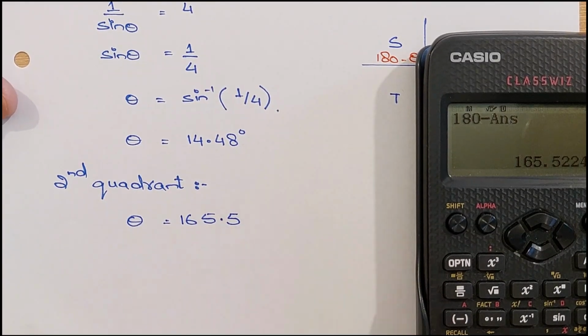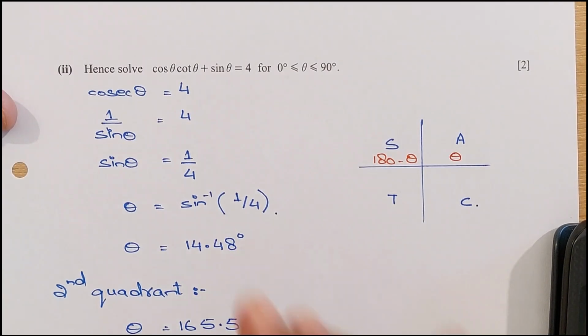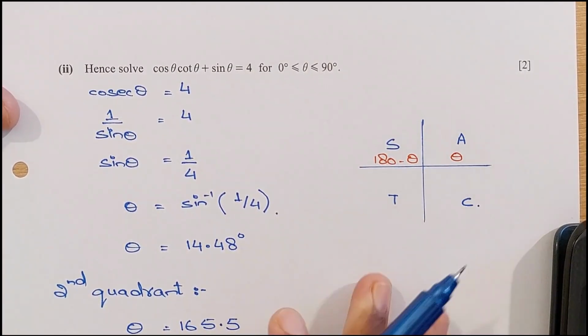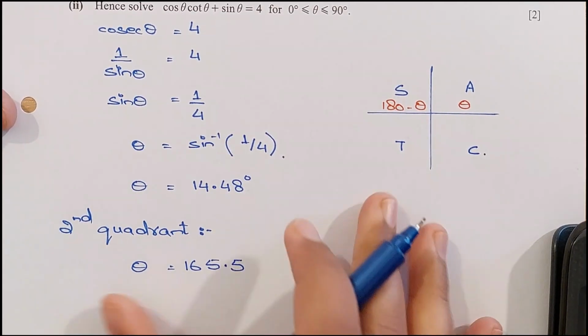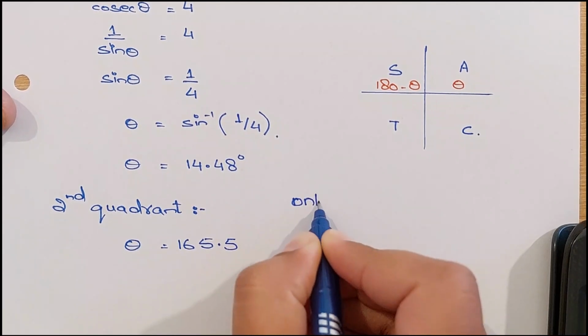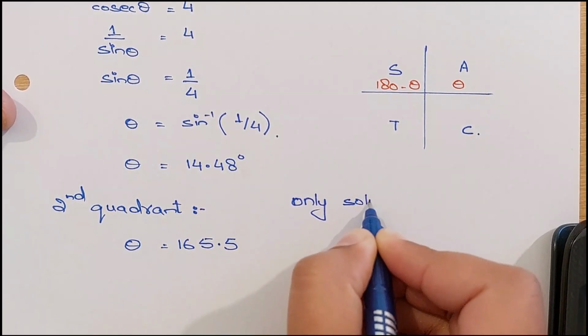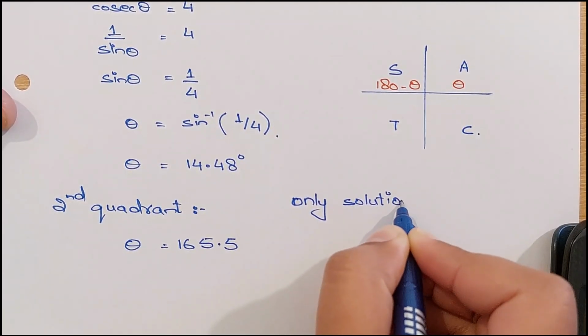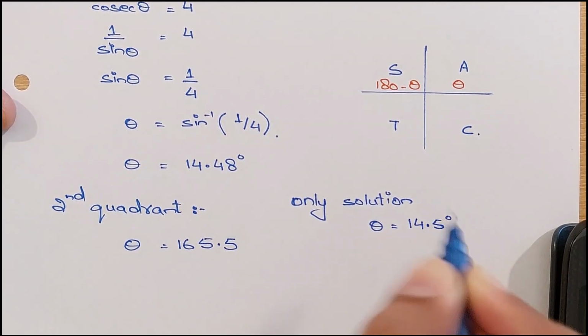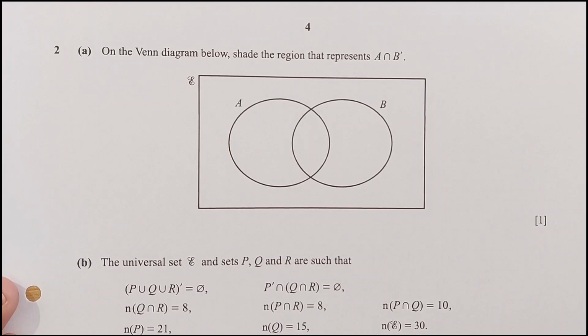Okay, but we are given that our domain is between 0 to 90 degrees, so we are just working on the first quadrant, so there is no need to find the second quadrant. So the only solution is theta equals 14.5 degrees, and that belongs to the domain 0 to 90 degrees.